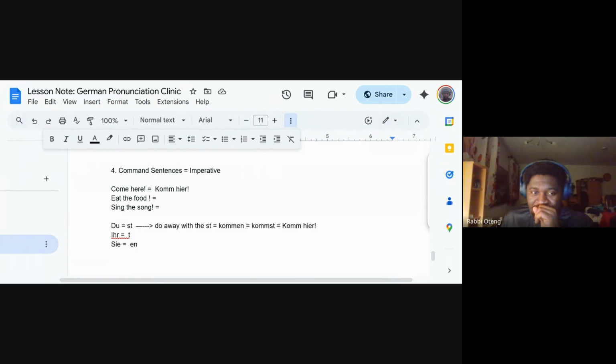Then for ihr, yes, you maintain the form. You don't do away with this. The t remains.